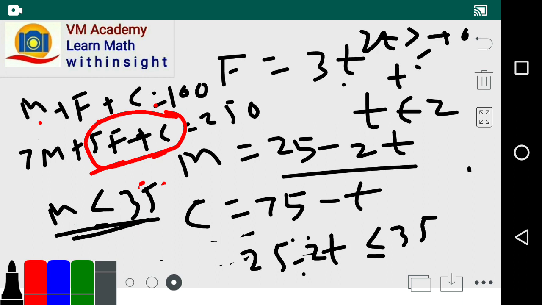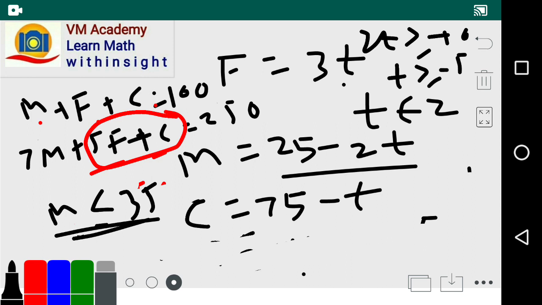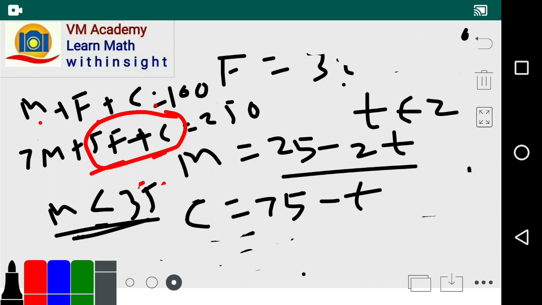That is, t is greater than or equal to minus 5. T is an integer and it is greater than or equal to minus 5.